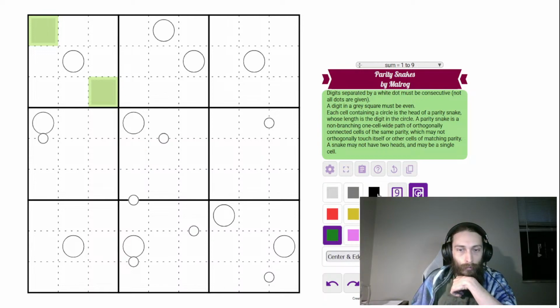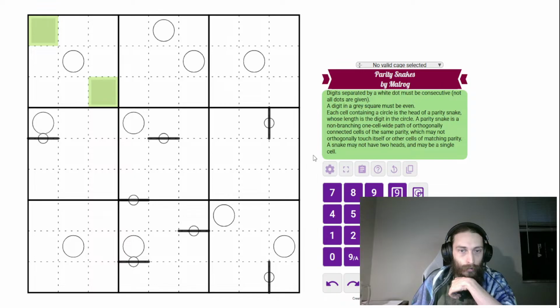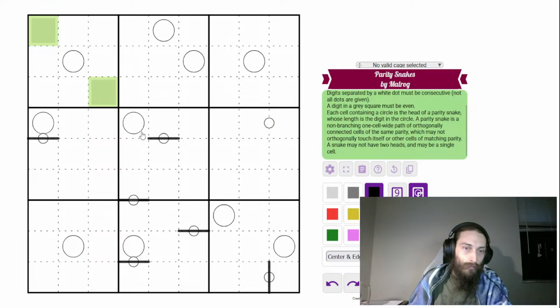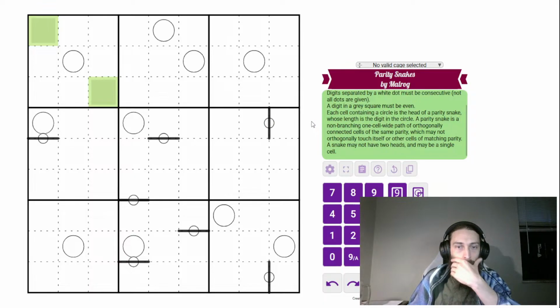Now, one thing we do know is that you can't have a snake cross any of these dots, because on either side of a dot, it has to be an odd-even pair. Actually, I'm just going to keep those walls in, just for funsies.